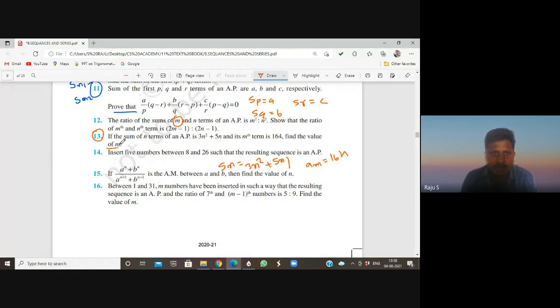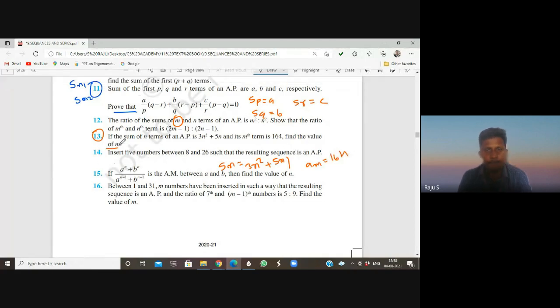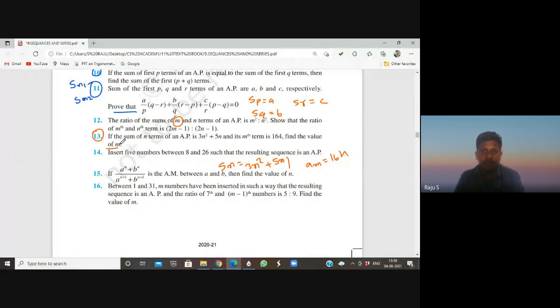Find the value of m. The mth term is given, the sum of n terms of AP is given, so they are asking the value of m. So in that series, the mth term means a plus m minus 1 into d.